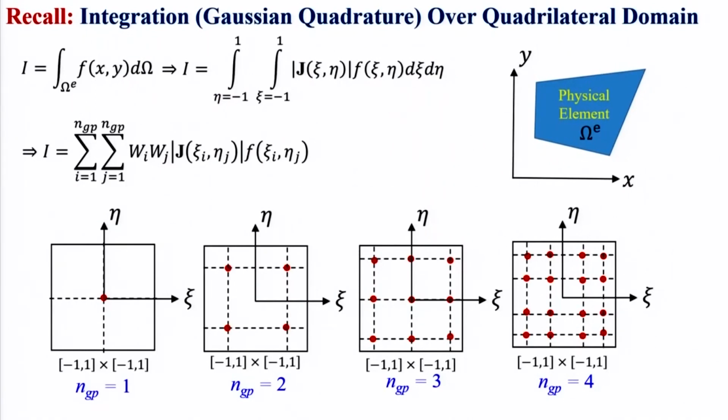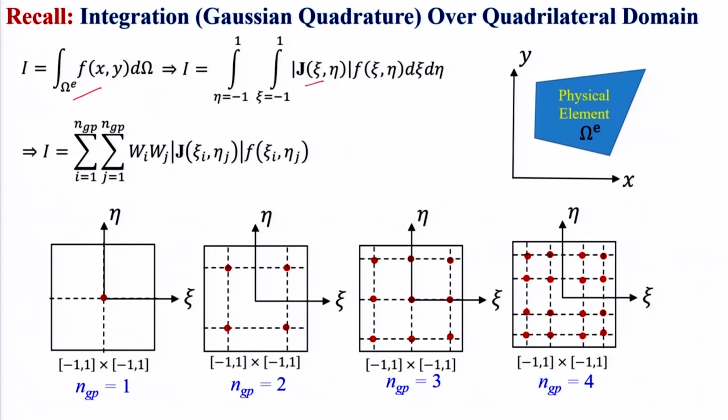If you recall, this integration we have done in case of quadrilateral element or triangular element through the Gaussian quadrature technique, and this is what the Gaussian quadrature technique is. We have to write an integration over any 2-dimensional domain, and then this is mapped with a parametric domain, and the Jacobian is that map.